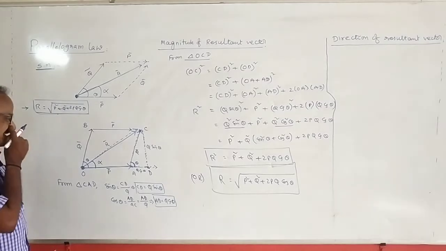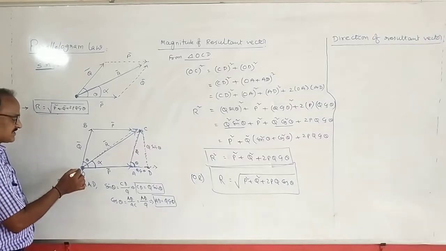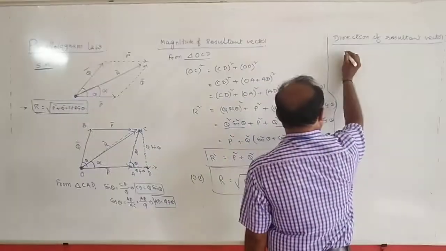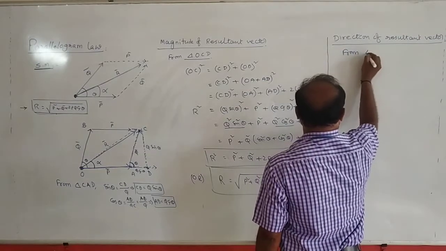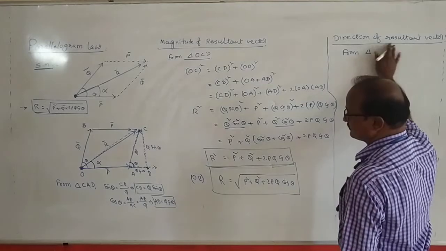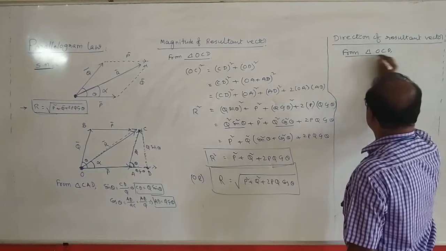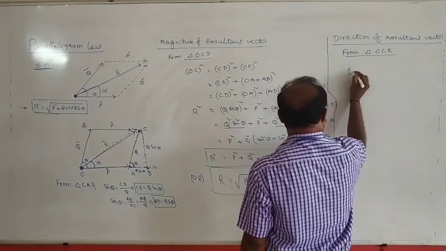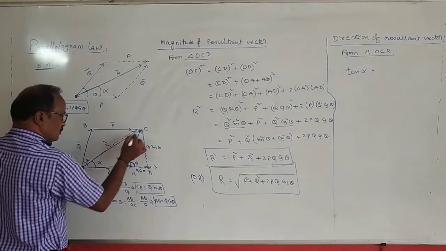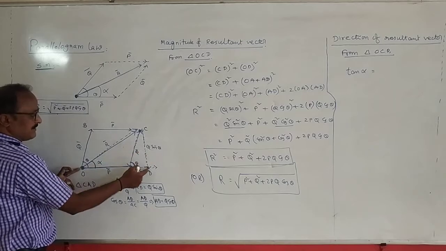So here, to find the value of alpha, let us consider the triangle OCD. From the triangle OCD, tan alpha should be equivalent to opposite side by adjacent side.